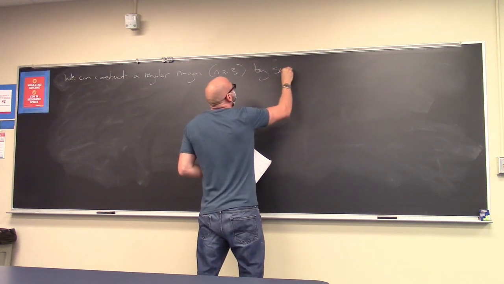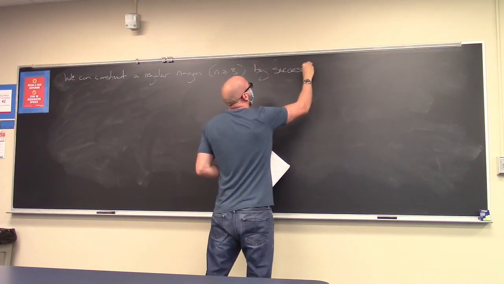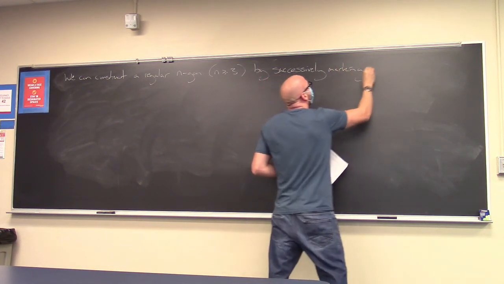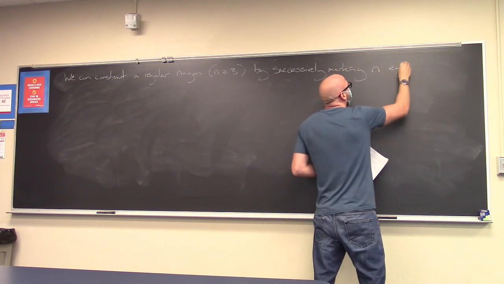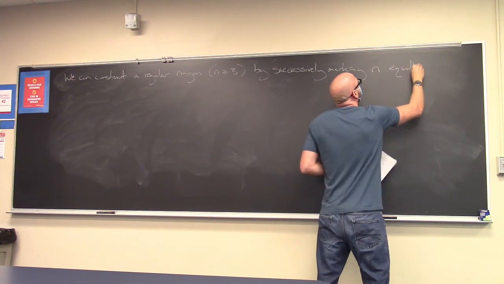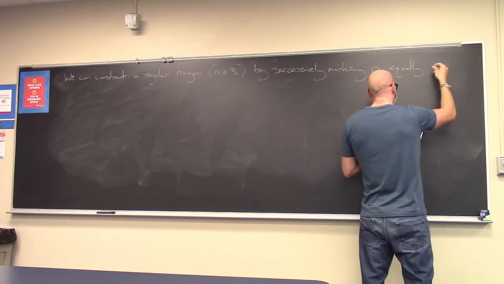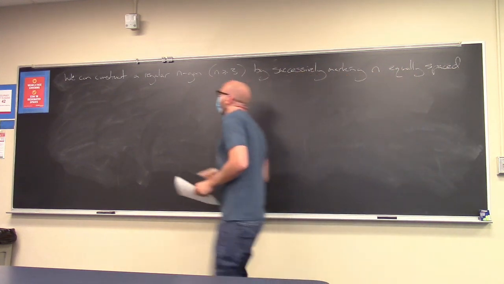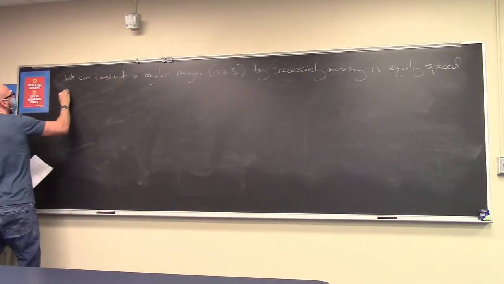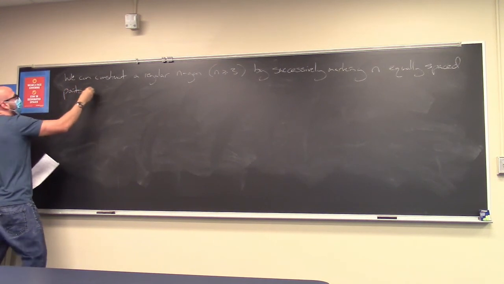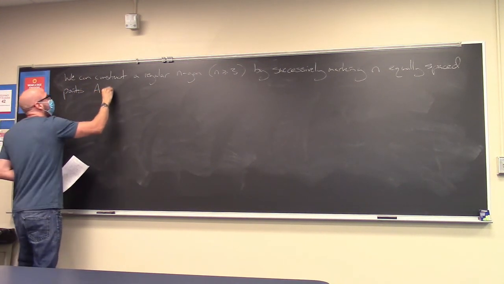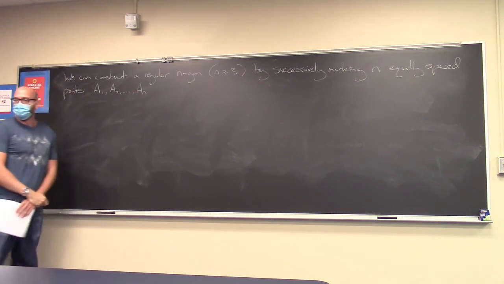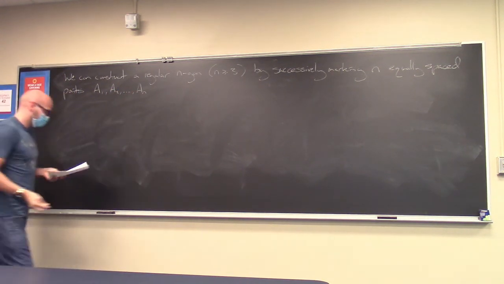By successively marking n equally spaced points, that I'll give names to right now, we call them A sub 1, A sub 2, to A sub n, around a circle.